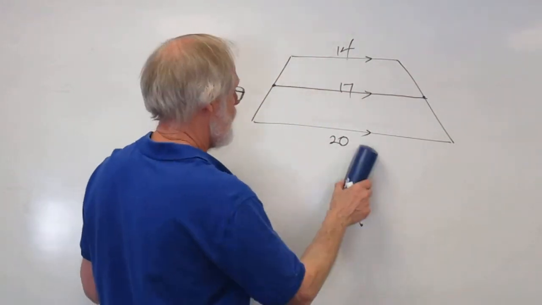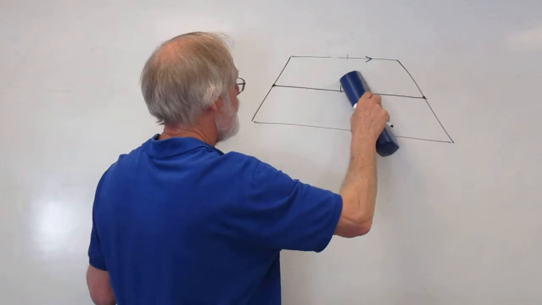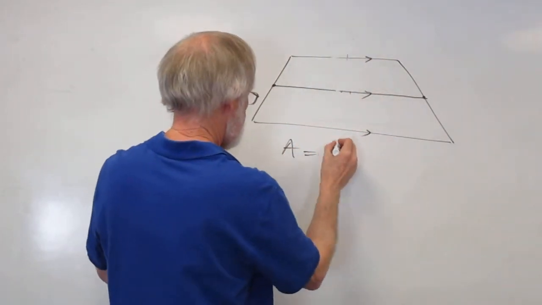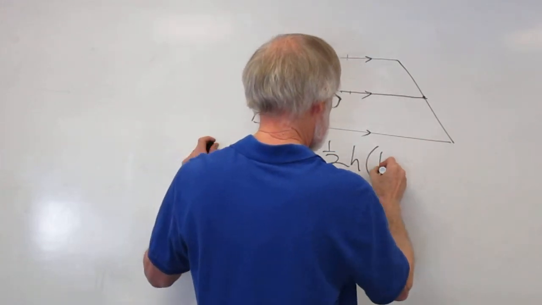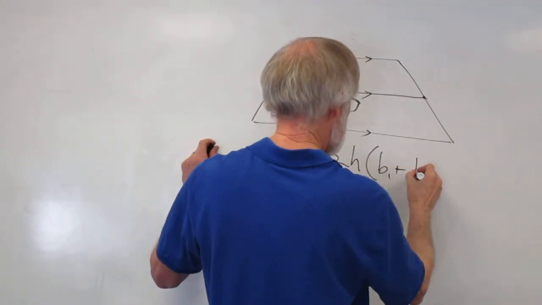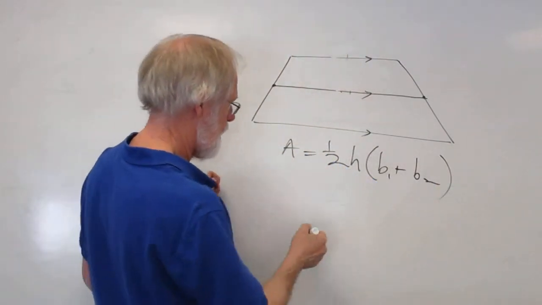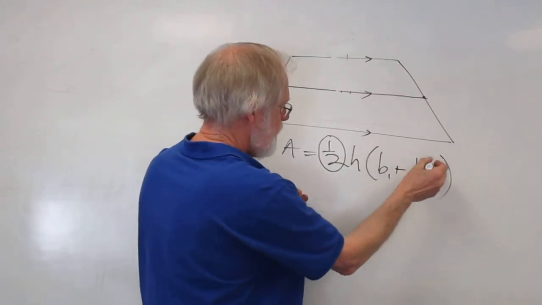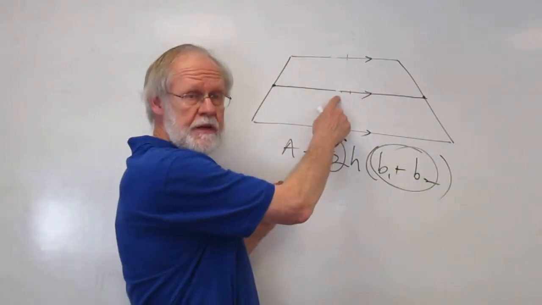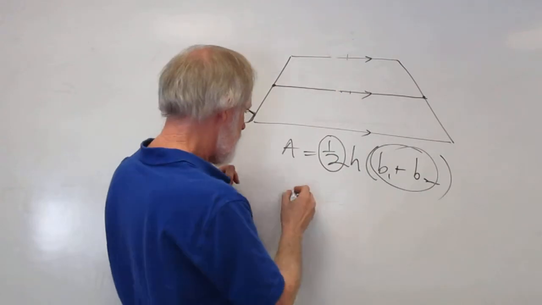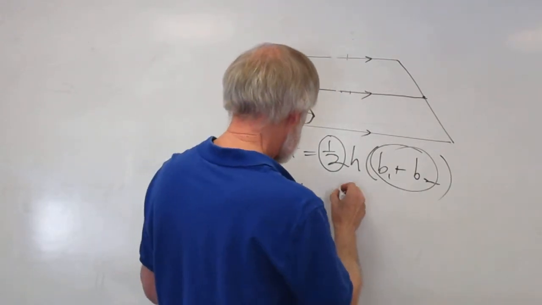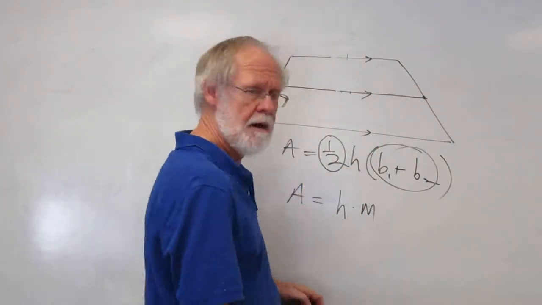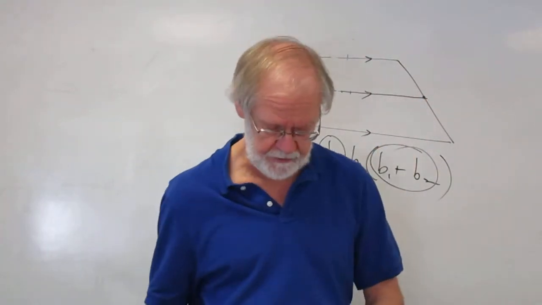Notice something, by the way, about the formula for the area of a trapezoid, which is area equals 1/2 the height times the sum of the bases. Isn't 1/2 the sum of the bases the midsegment? So actually the area of a trapezoid could be viewed as the height times whatever we want to call the midsegment, m, or whatever letter you want to give to it.